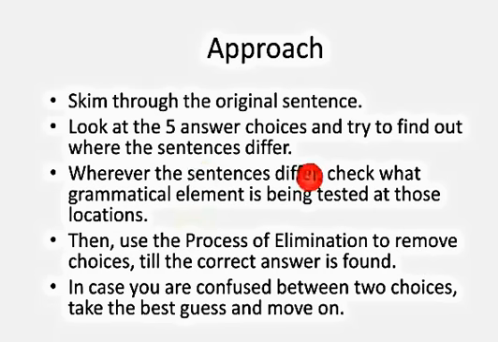Let's say right here it's written "wherever the sentences differ," comma, something something something, and this is the first answer choice, choice A. And then we look at some other answer choice which says "wherever the sentence differs, something something something." So it has an extra S here, and the S in sentence has been removed.